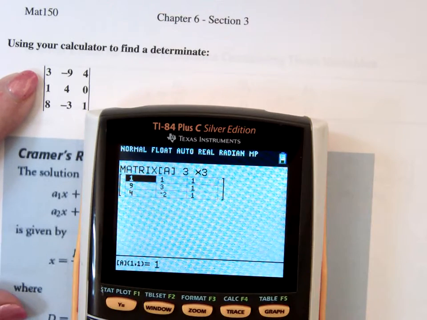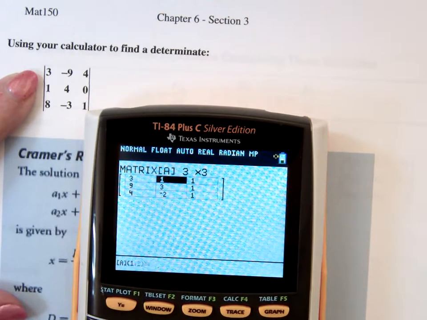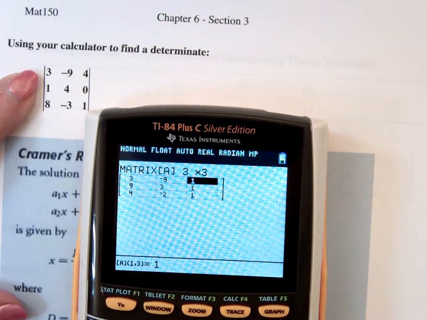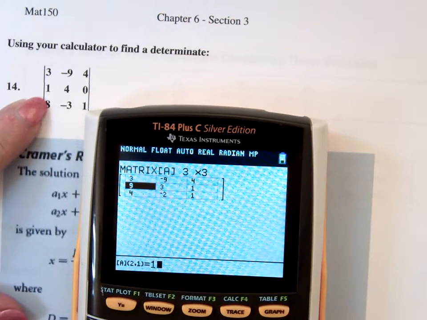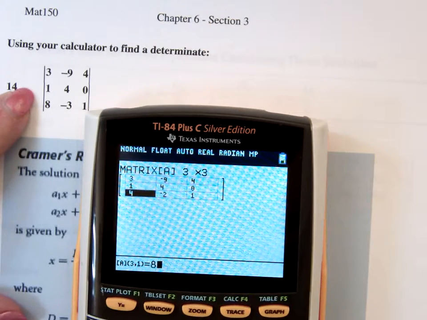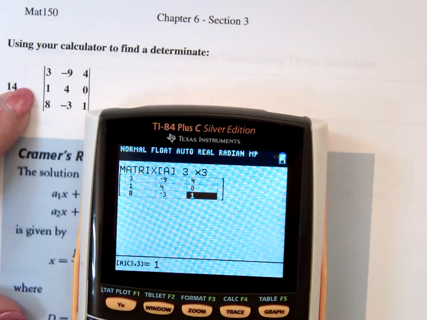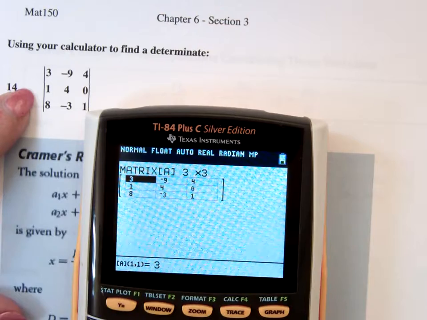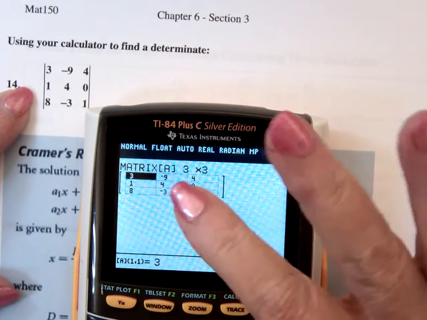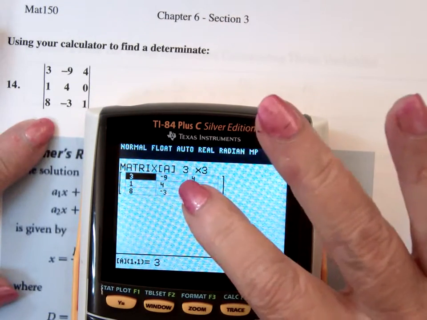And then just type it in: 3, negative 9, 4, 1, 4, 0, 8, negative 3, 1. And so then check it out to make sure you've typed it in correctly.